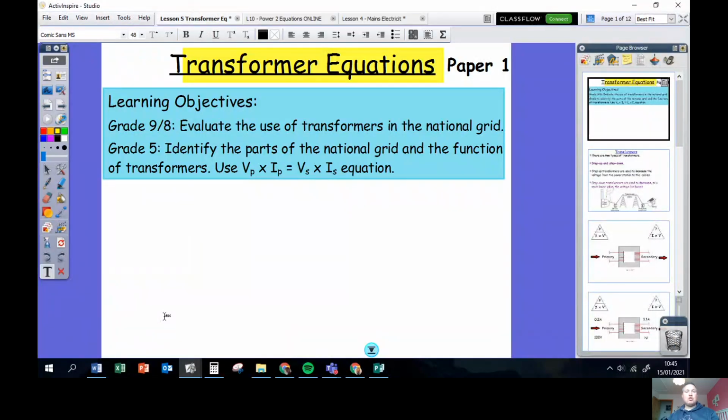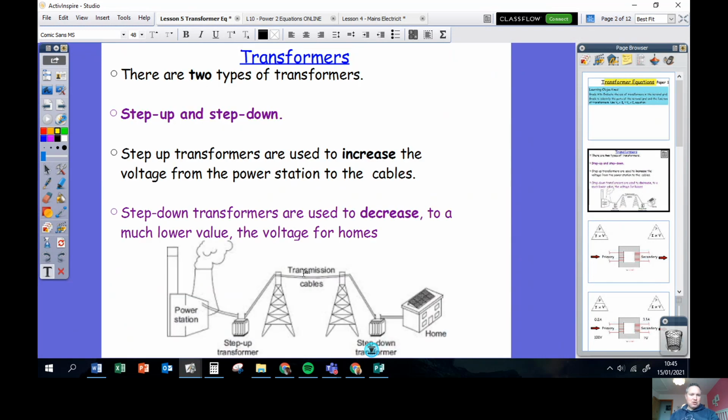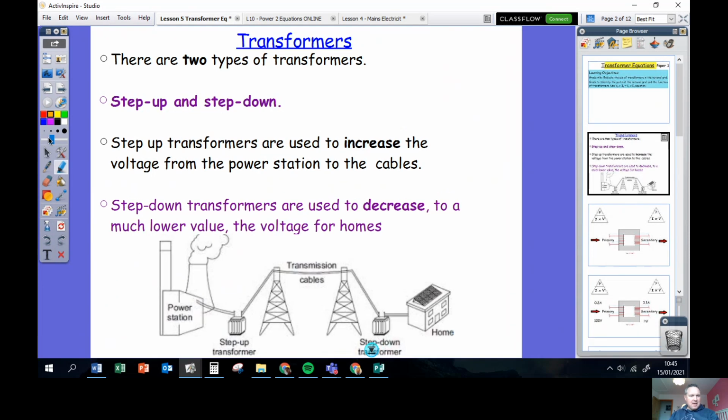There's the title of our lesson, which is Transformer Equations. You might recognize that transformer idea from the lesson we did previously about the national grid. So it's worth looking back at what transformers were doing in the national grid. We said the national grid was all those cables and transformers that took the power from the power station along the cables to your house or the school or the factory that was going to use it.